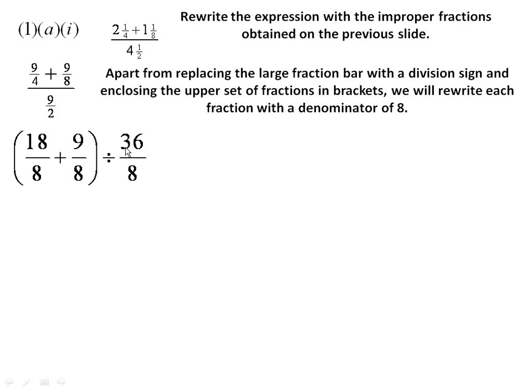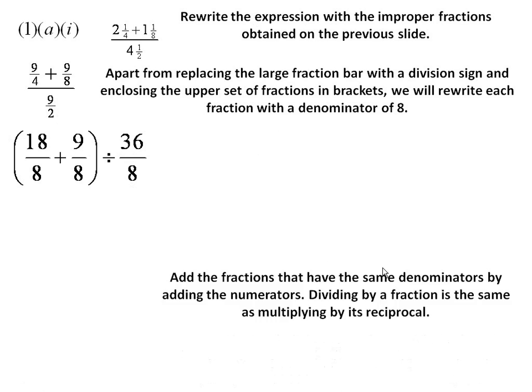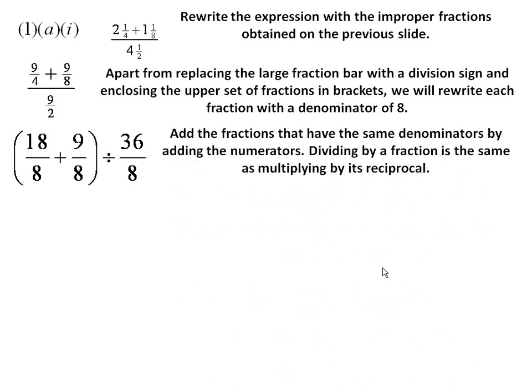So we have 36 over 8. By so doing, all the denominators are the same. It is easy to add the fractions right here because they are of the same denominator. Eventually, when we do the reciprocal, the fraction will be easily reduced by a common factor of 8.